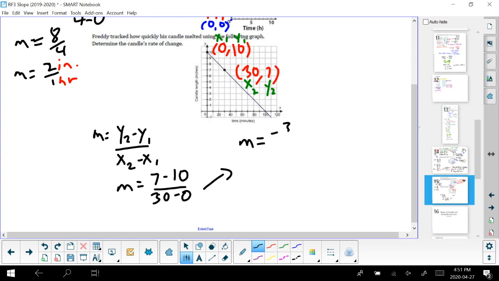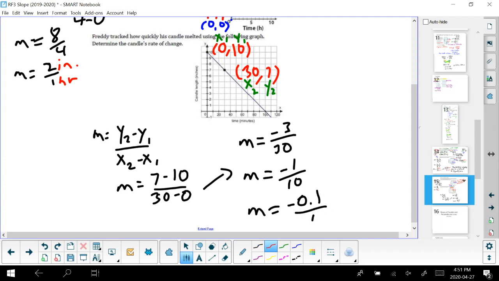So this gives me negative 3 over 30. And I can simplify that to negative 1 over 10. But again, we typically do things per 1 unit. So if we simplify this, we get m is equal to negative 0.1 over 1.